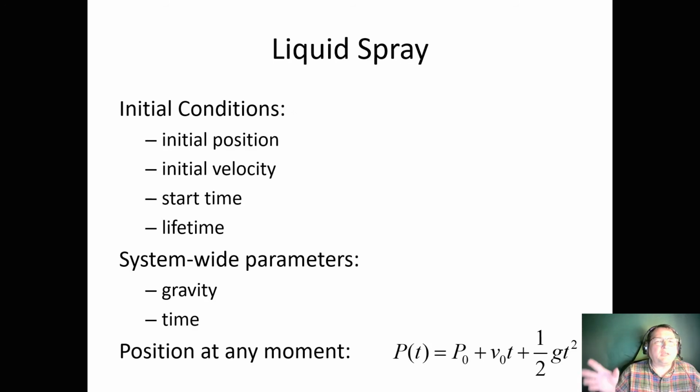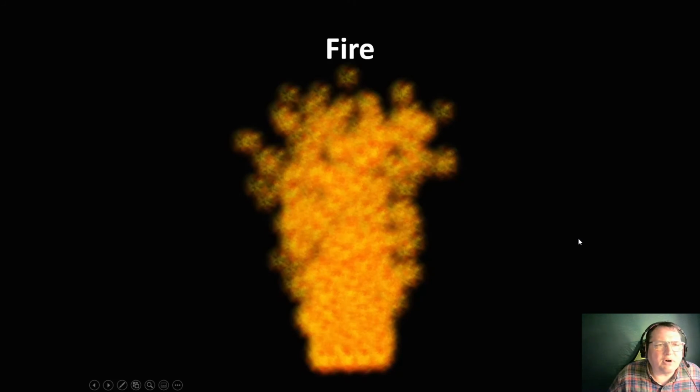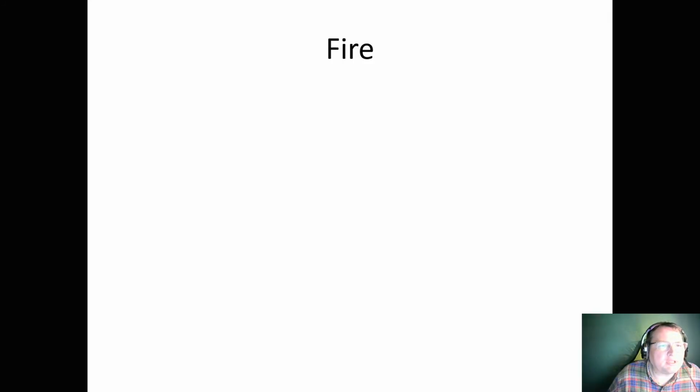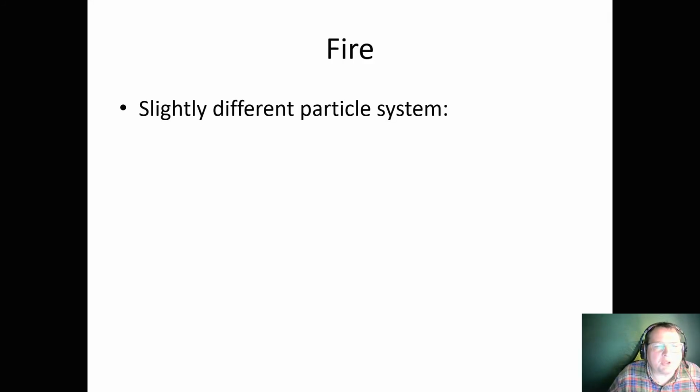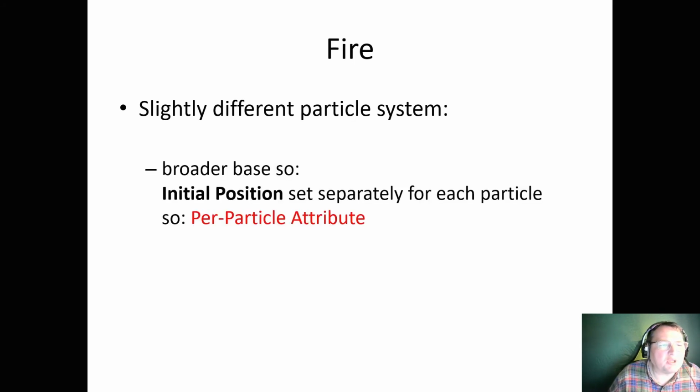The liquid spray is the classical example of a particle system, but it's just one of possible particle systems. Another one may be fire. Fire is quite a different particle system. One of the main differences is that fire has a broader base, so the particles of fire are not all starting at the same position.